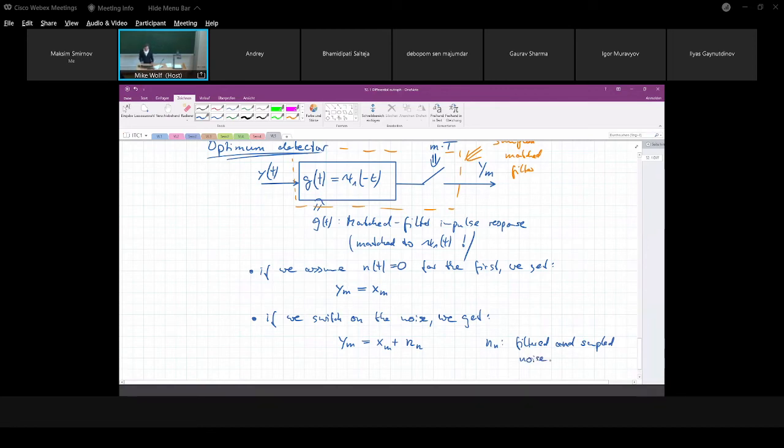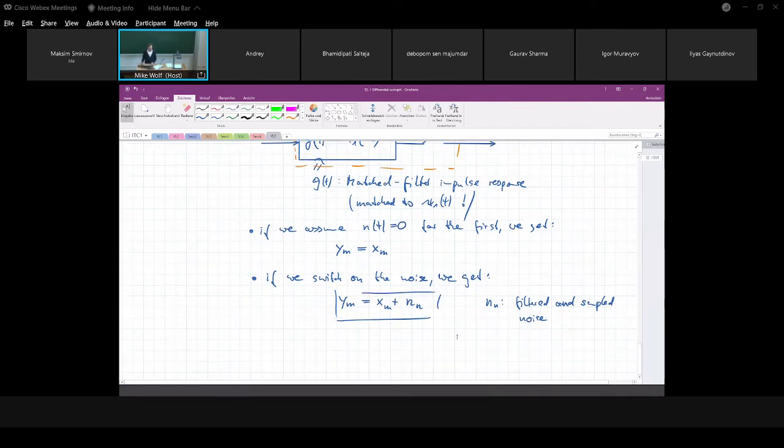Now you see, what is this? This is our original discrete time channel, as you remember. So it looks like this. X_m plus n_m, if I write this as random variables and not as concrete values, gives Y_m.